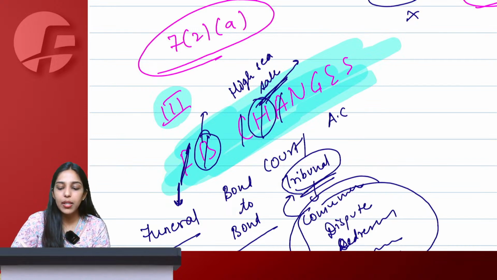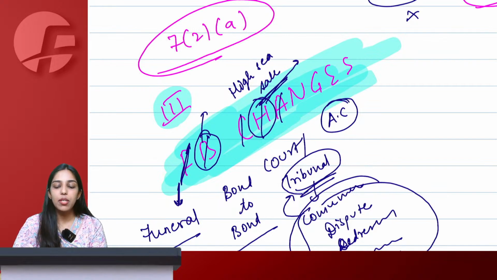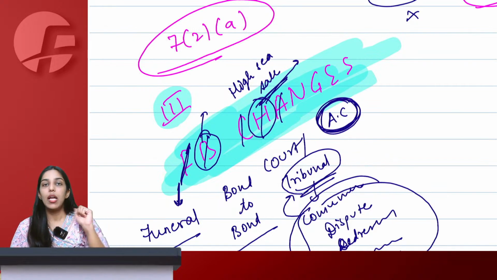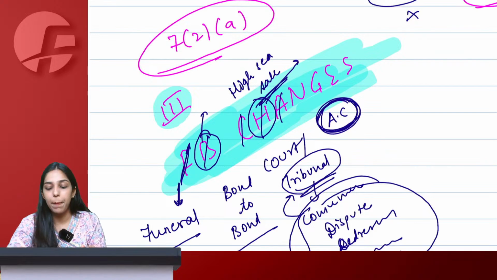A means actionable claims. Now, we have particularly studied under the definition of goods that actionable claims are goods. Actionable claims are goods, but they have been given under the negative list. That means in spite of actionable claims being goods, we do not want to levy GST on them.